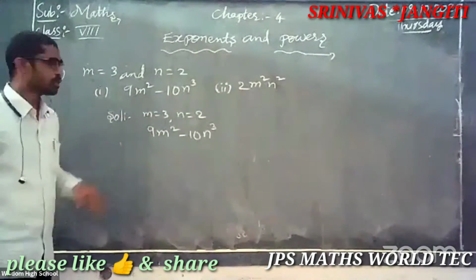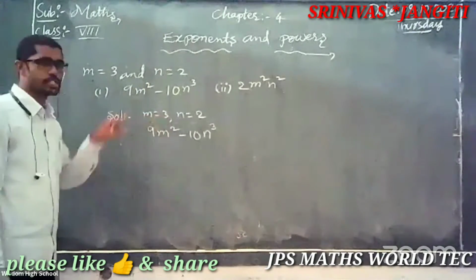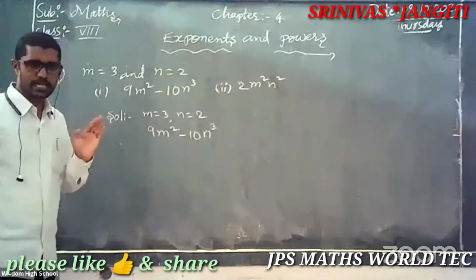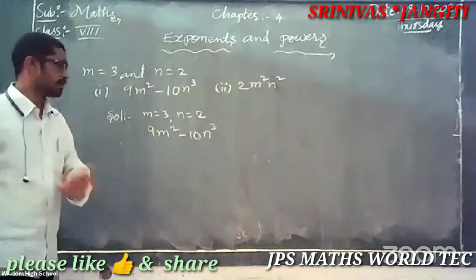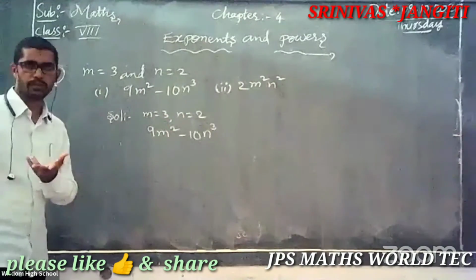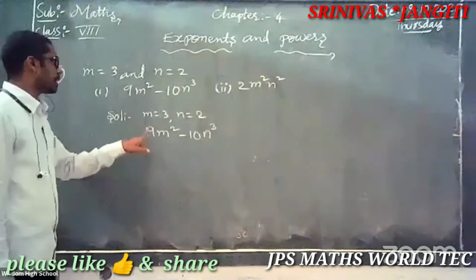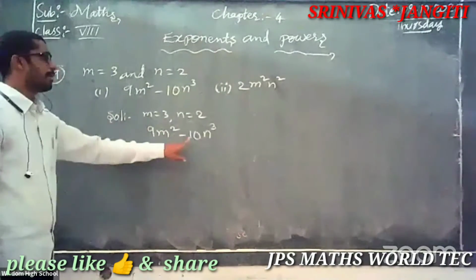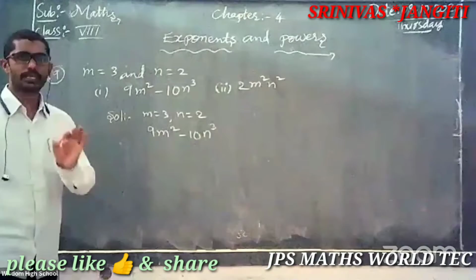What is the m value? Yes, very good. m is equal to 3. Then n is equal to 2. These two values are given. Then find 9m squared minus 10n cubed.